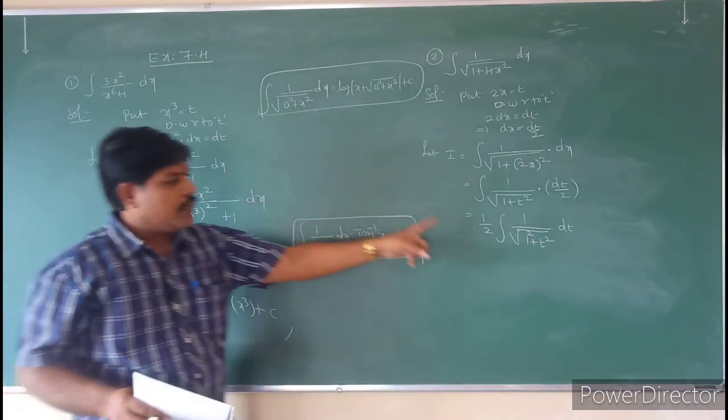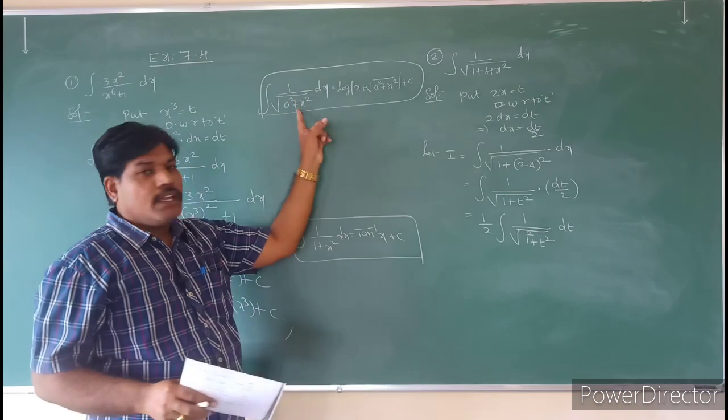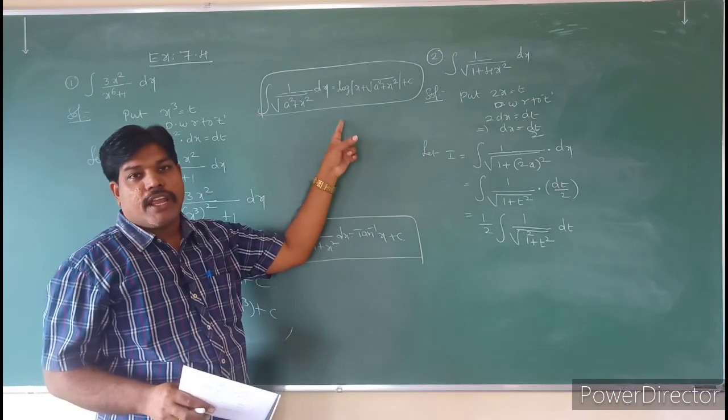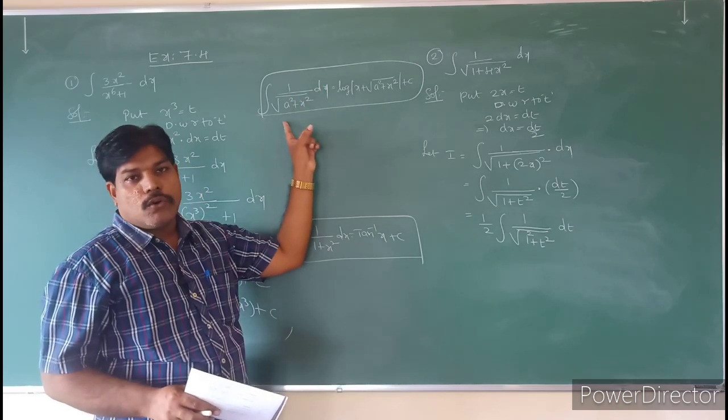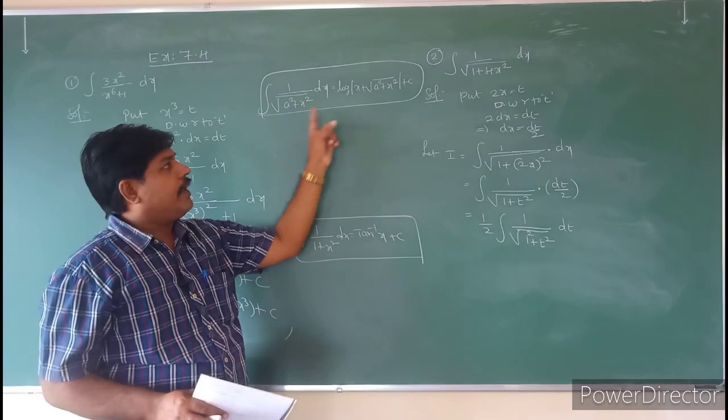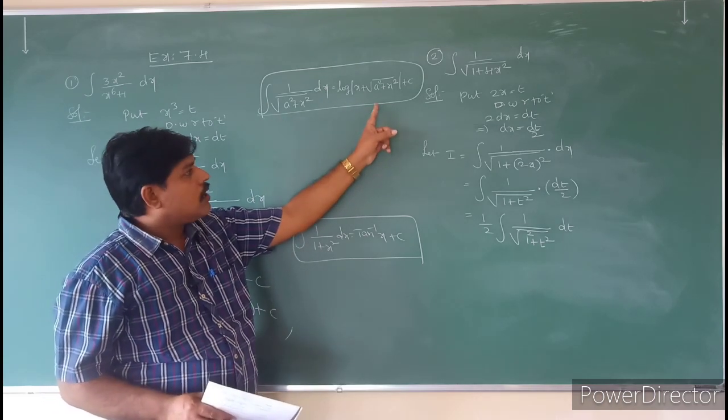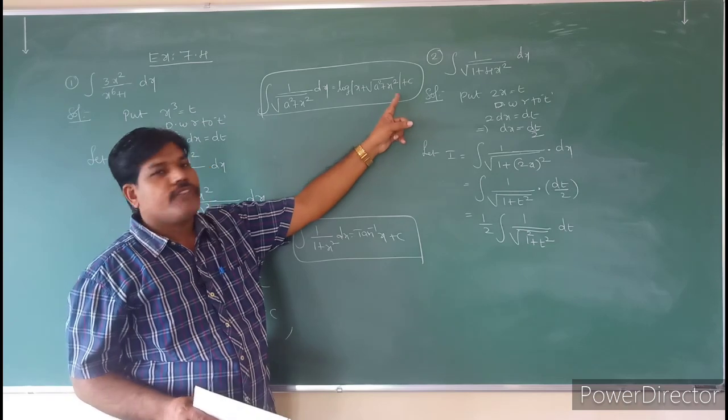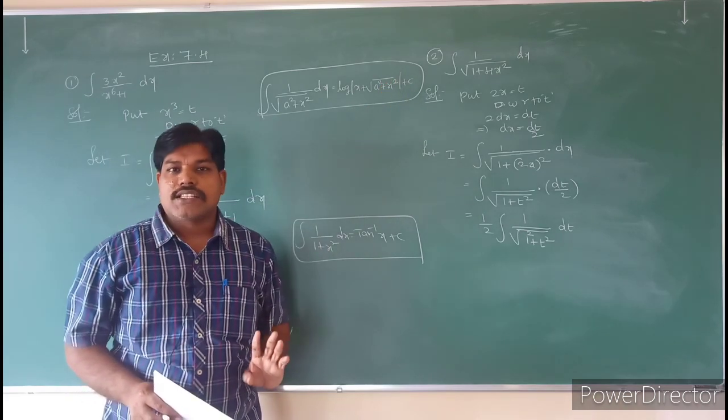Write down the formula. Integral 1 by root of a square plus x square into dx is nothing but log mod x plus root of a square plus x square plus c.